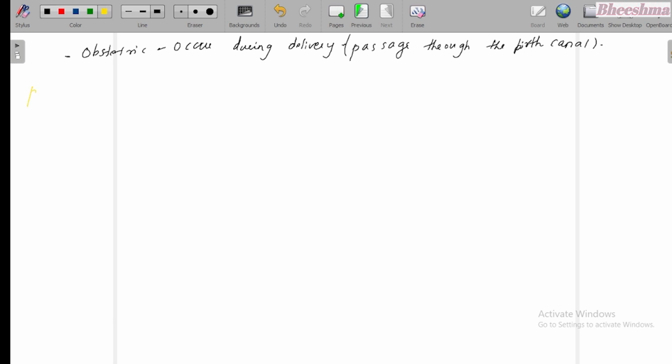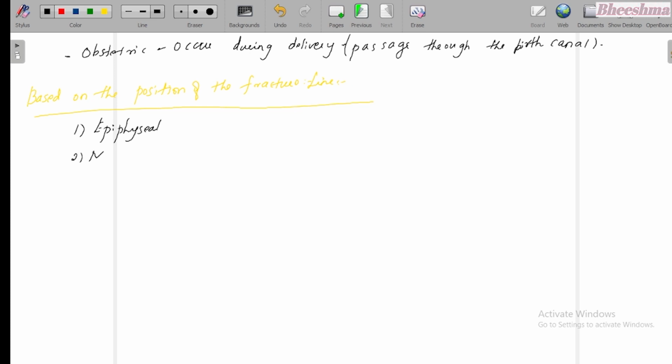Next about based on the position of the fracture line. The first one is epiphyseal.